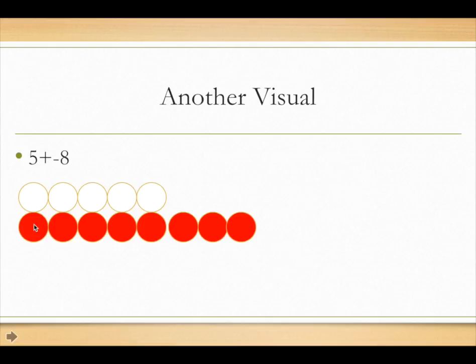Those cancel out, they'll equal 0, because if you have one positive and one negative, they equal 0. So let's cross off all the zeros that we have. 2, 3, 4, 5. You notice that we have 3 red circles, meaning we have 3 negatives left. So 5 plus -8 gives you -3.